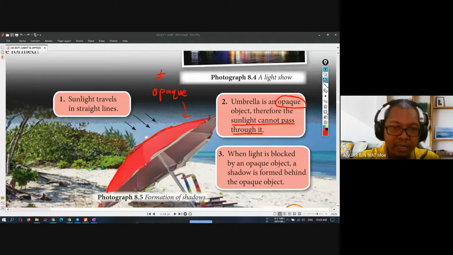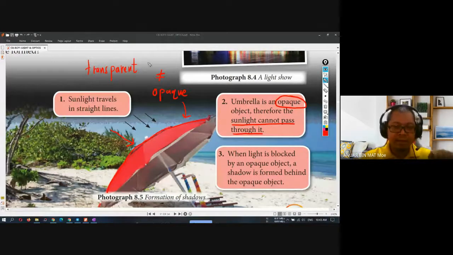Why? Because the light from the sunlight cannot penetrate or pass through the object. This is what we call an opaque object. And the opposite term of opaque is transparent. Transparent means the light can go through.